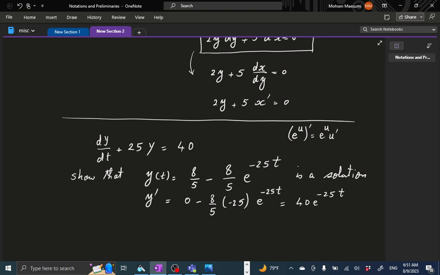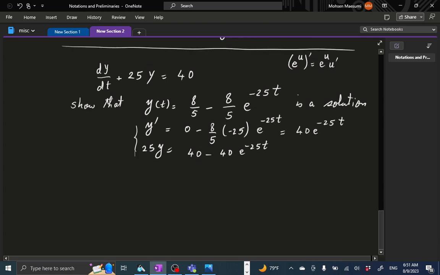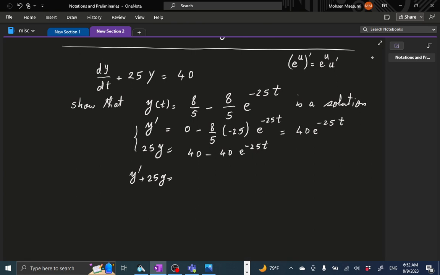Well, what is 25y? 25 times the first one is 40 minus 40 exponential of minus 25t. Well, my equation asks for adding these two, so let's go add these two. So I'll have y prime plus 25y is equal to, I'm taking this and adding to it the following.